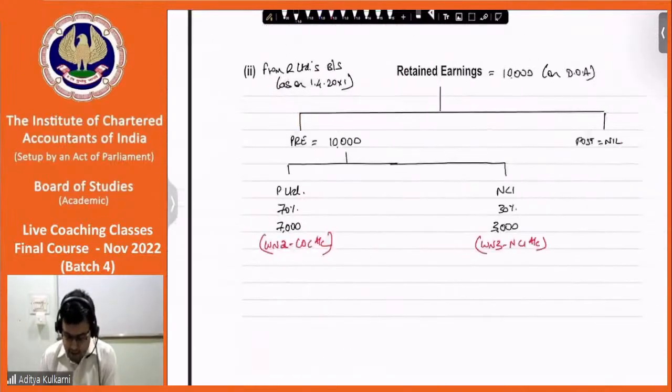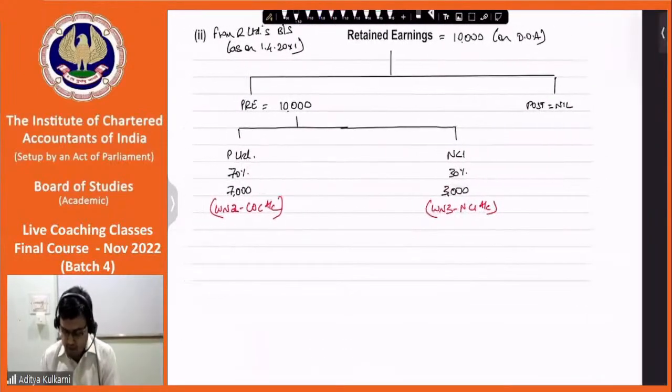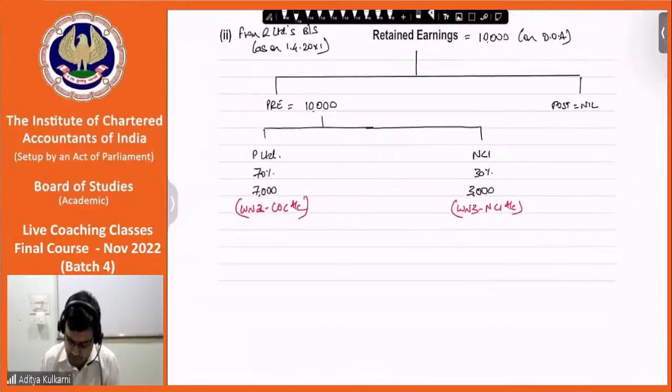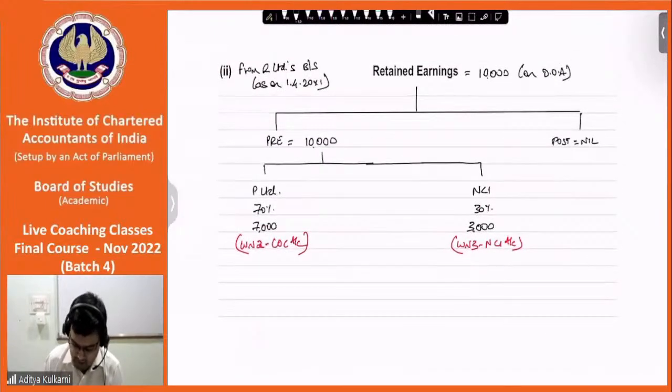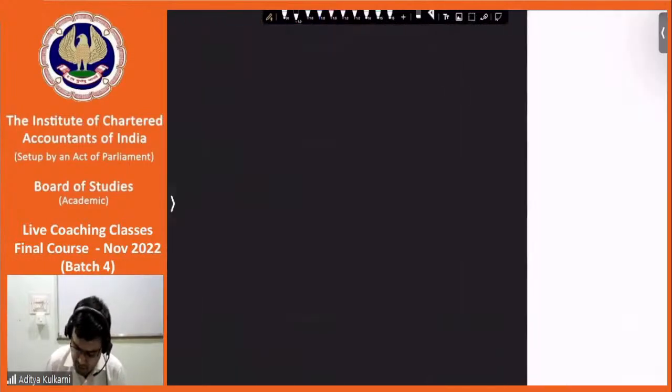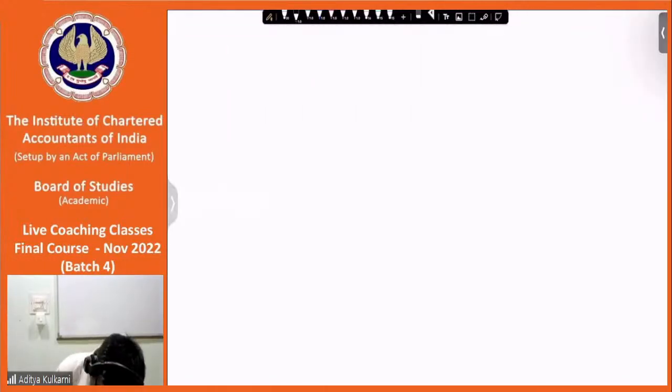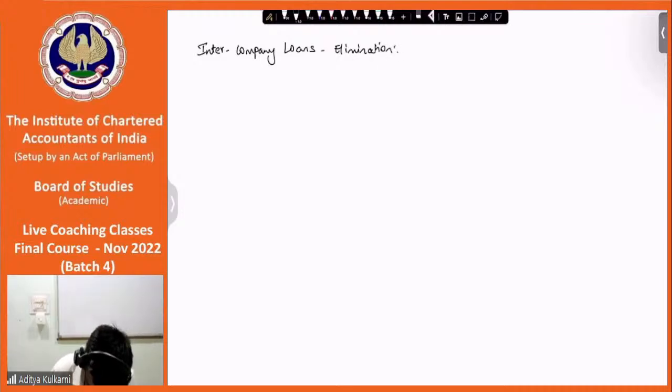And finally, I am having a working note 5, that is, not working note 5, we can say elimination of balances. Intercompany loans elimination.